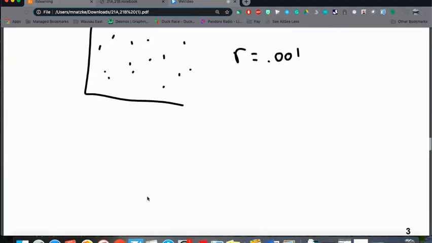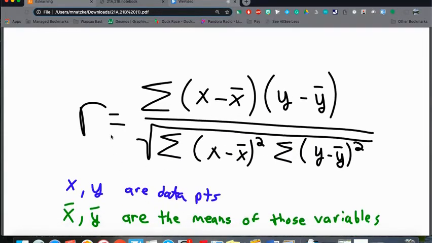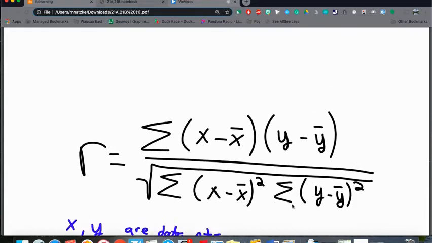Now to calculate this, we have this whole formula to get our correlation coefficient R. The sum of all the x values minus their mean, times the y values minus their mean, divided by the square root of the sum of the x values minus their mean squared, times the sum of the y values minus the y mean squared.